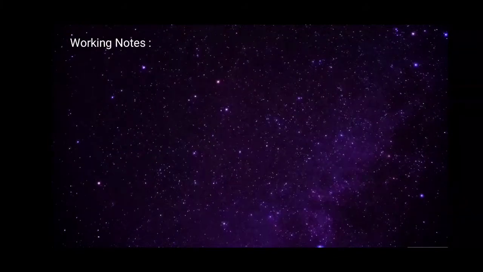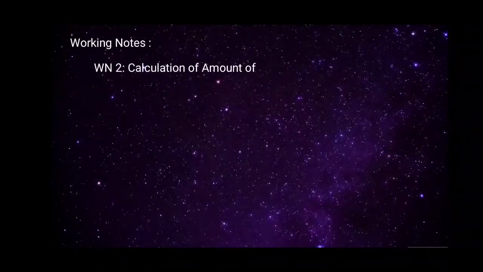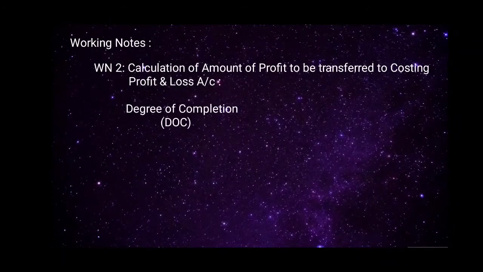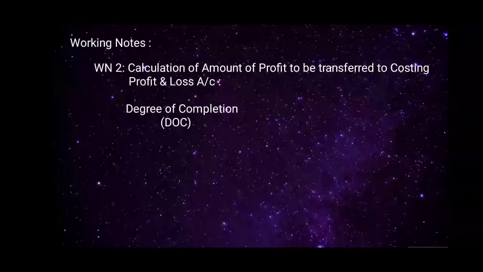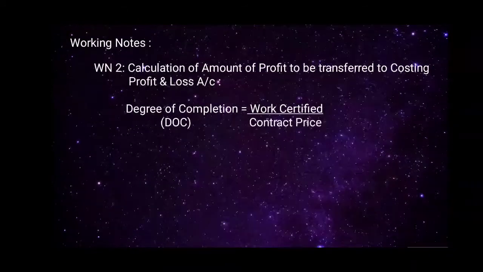Now let us prepare working notes. Working note number 2, calculation of amount of profit to be transferred to profit and loss account. First we will calculate the degree of completion, that is DOC, which is equal to work certified divided by contract price into 100.